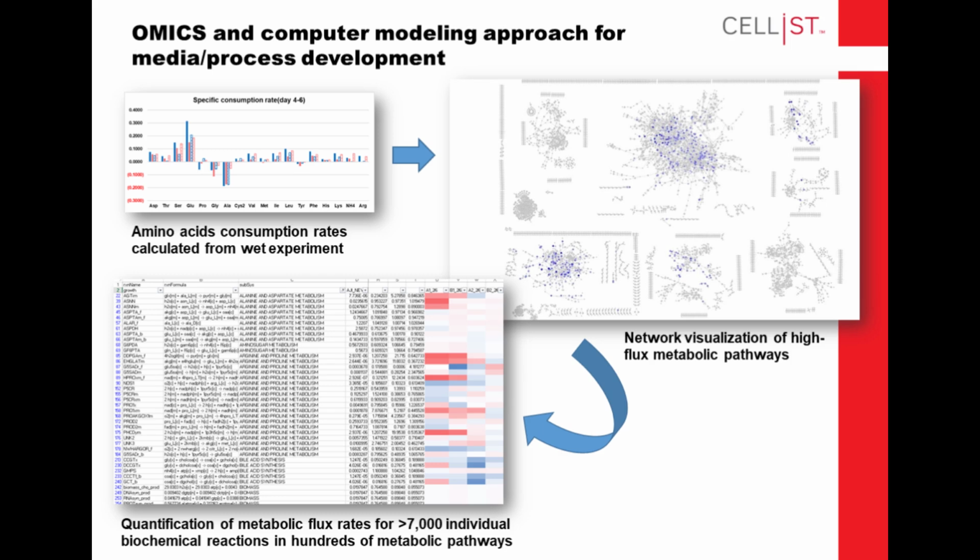After you analyze the spent media, you can feed all these amino acid concentrations and consumption rates into the model, and you can visualize and get information about the flux rates, or which metabolic pathways are highlighted and have more importance in the overall process for this cell line.